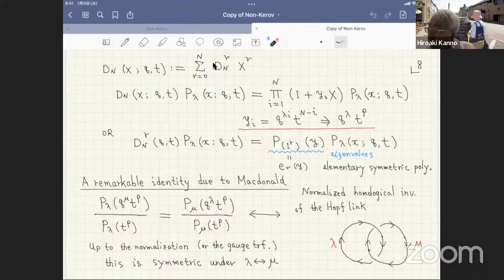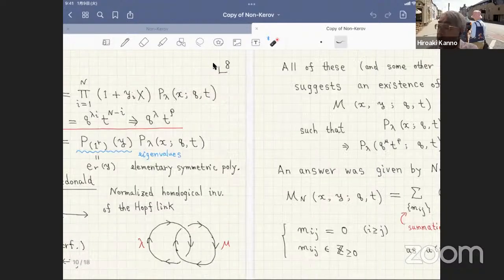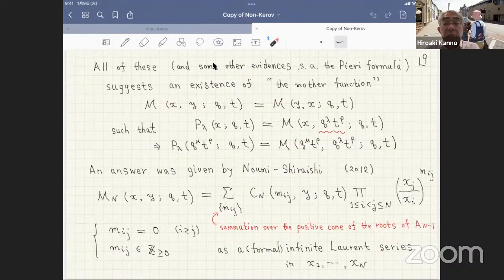Okay, so originally we have, as an eigenvalue problem, this kind of special discretization in y variable, and discretization of x variable implies the symmetry of exchanging lambda and mu. All of these suggest the existence, and there is also some evidence from the knowledge of the Plethystic formula, but all of these evidences suggest an existence of a mother function.